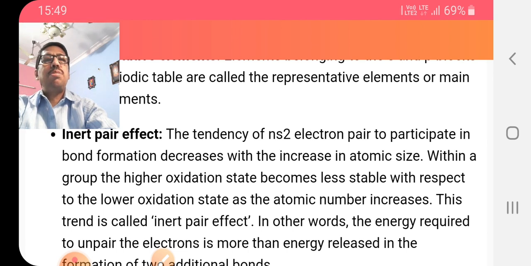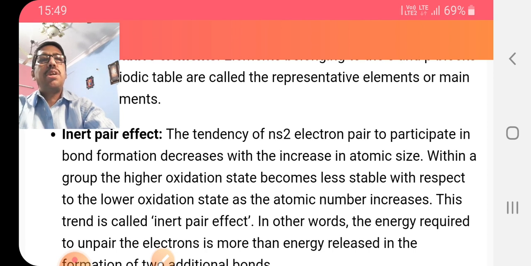So in a particular p block group, on descending down the group, the stability of the high oxidation state becomes minimum and that of the low oxidation state becomes maximum. This effect is known as inert pair effect.